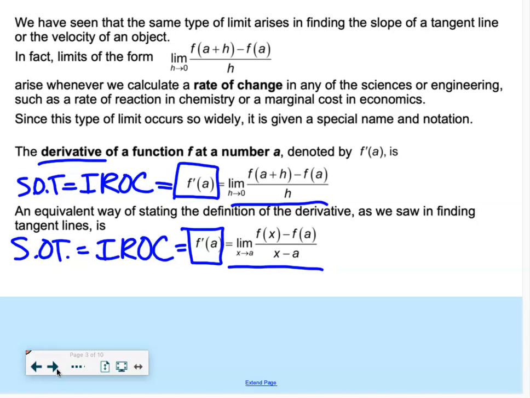So a derivative is a fancy word that means slope of the tangent line. It also means instantaneous rate of change.